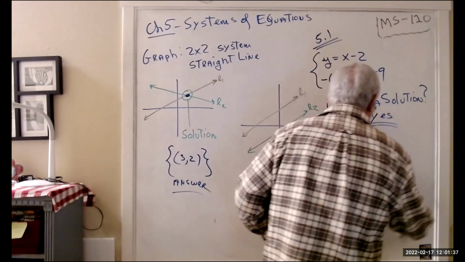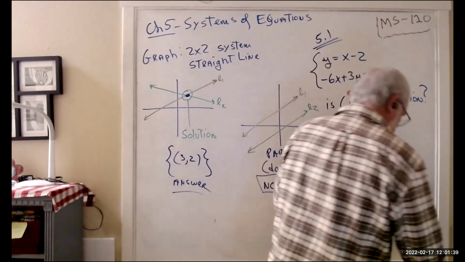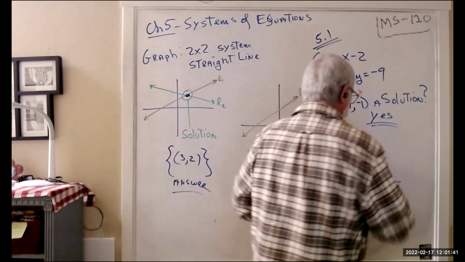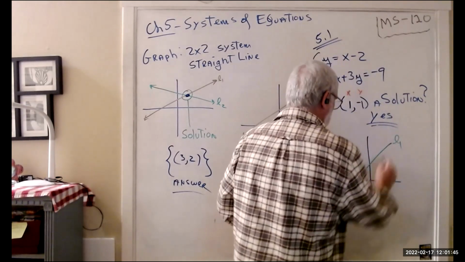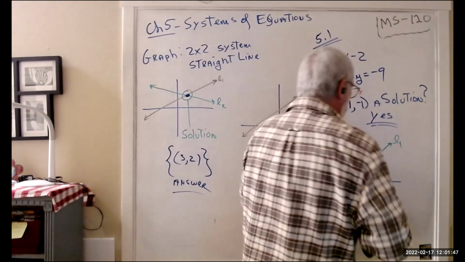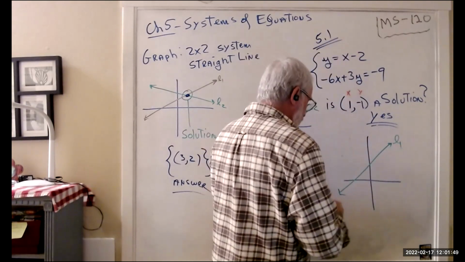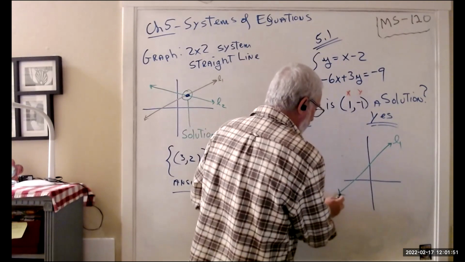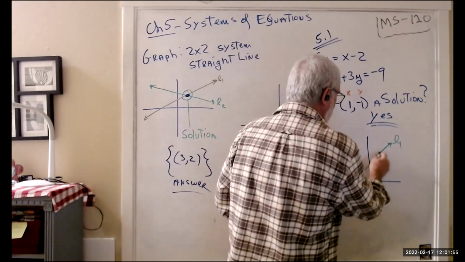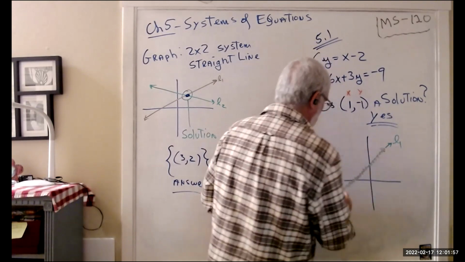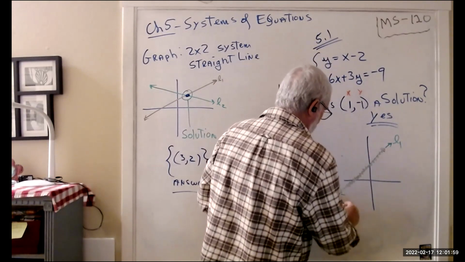What if you had the graph here, and you didn't know this ahead of time, but here's the first line, line 1. And what if it just happened that line 2 was right on top of it? Okay, line 2.